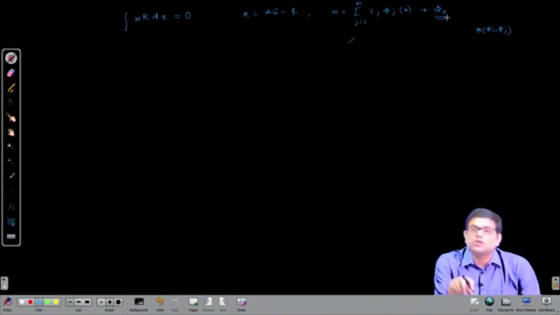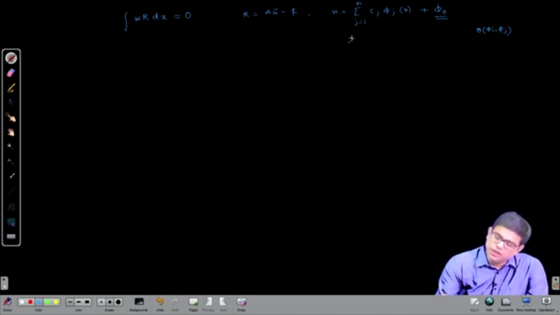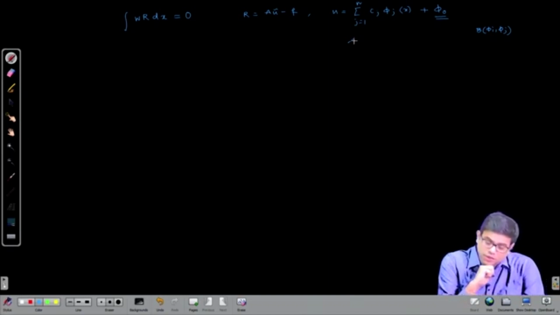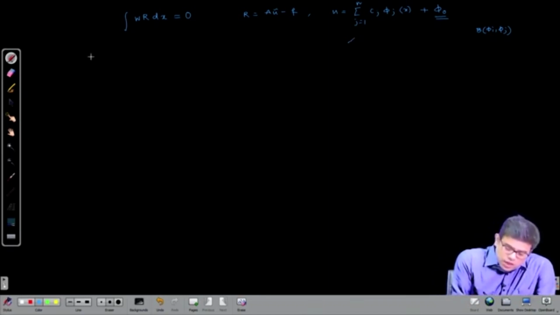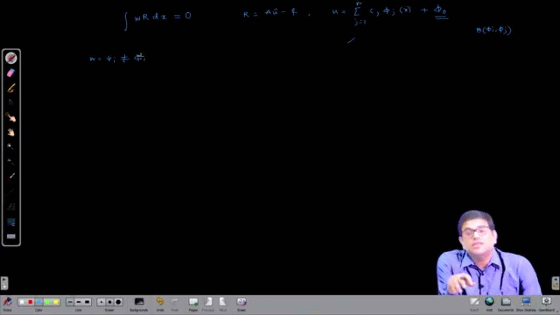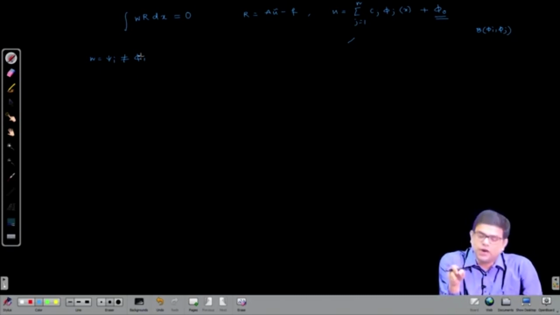So phi j will also be homogeneous on the boundary. Now in the weighted residual method, let us choose W to be psi I, which is not equal to phi I. So now psi I is a different function. We remove the requirement that the weight function needs to satisfy the homogeneous boundary condition at the boundary where the field variable is specified.